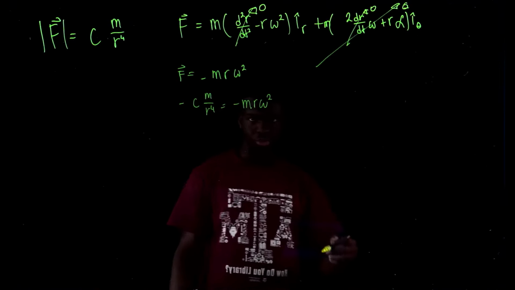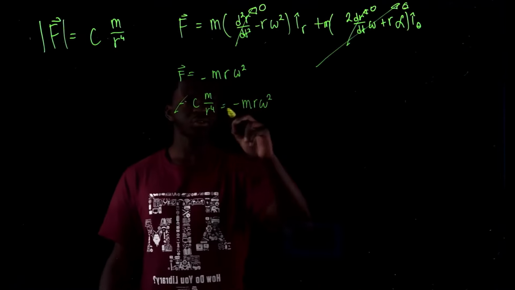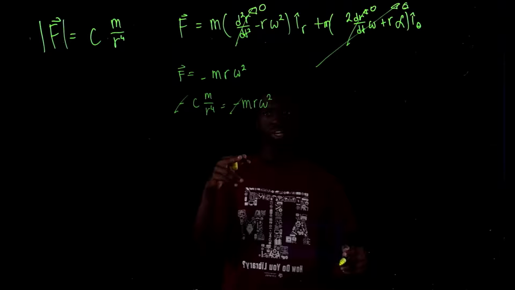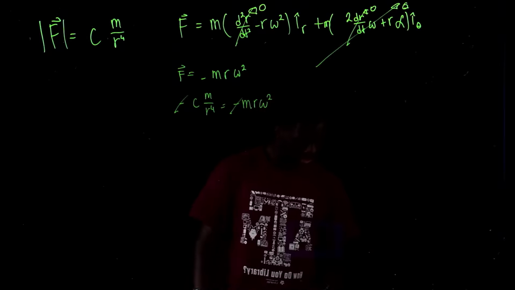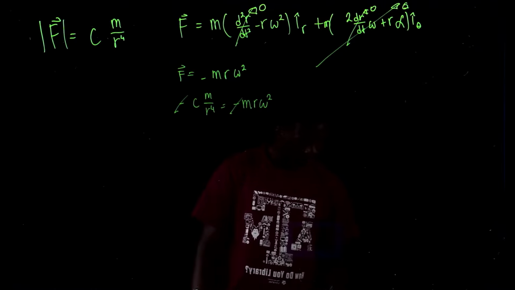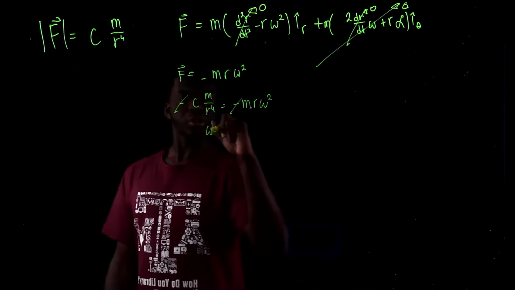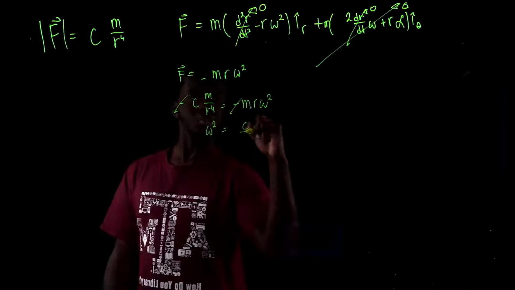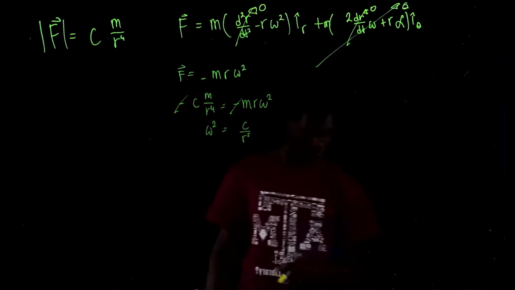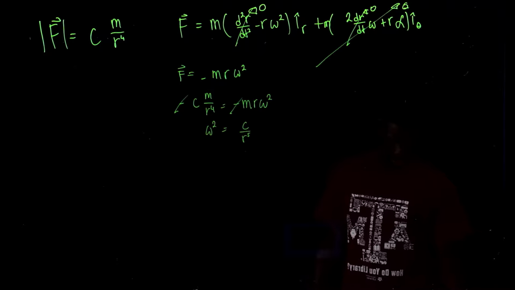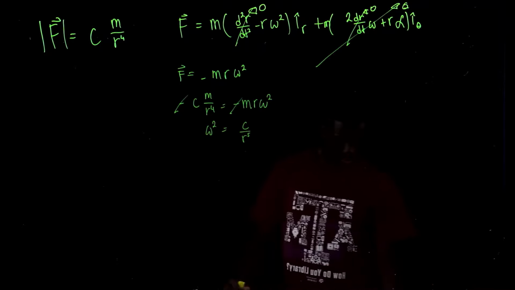We can get rid of the negatives, divide by m and multiply by r. And that's going to equal c over r^5. Omega squared is equal to c over r^5. Okay, now we know what omega squared is.